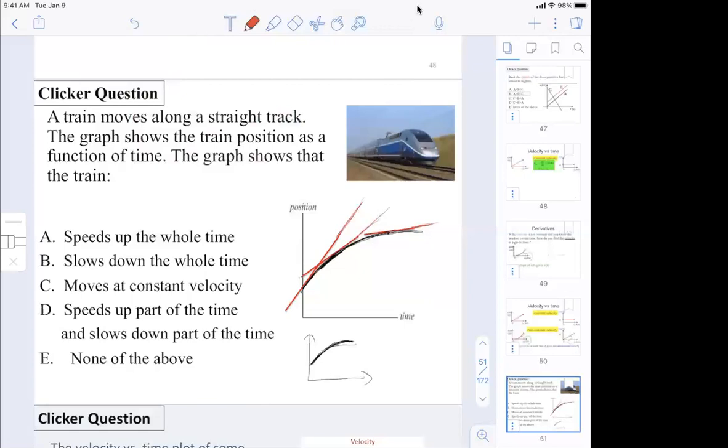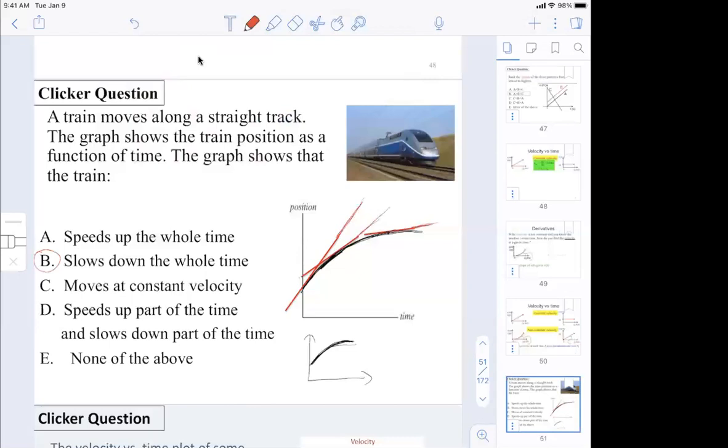Level? Yeah, it's getting more flat. Another way is to say it's getting more flat and less steep. So yes, which indicates the velocity or the speed is decreasing. So it is slowing down the whole time for the train.